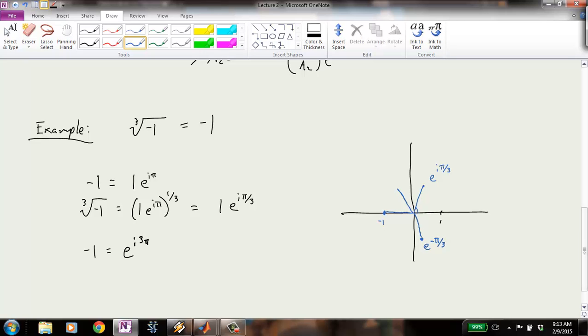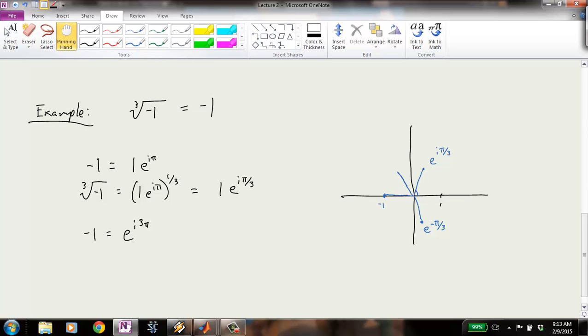And there are so many ways you could have gotten there. You could have said, let me make that e to the negative i pi, and then do this derivation. Or you could say, let's make that e to the i 5 pi. We did pi, we did 3 pi, we could do 5 pi, right? Then you'd get a positive angle.